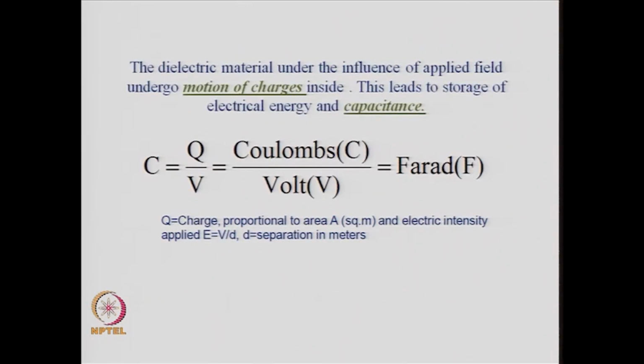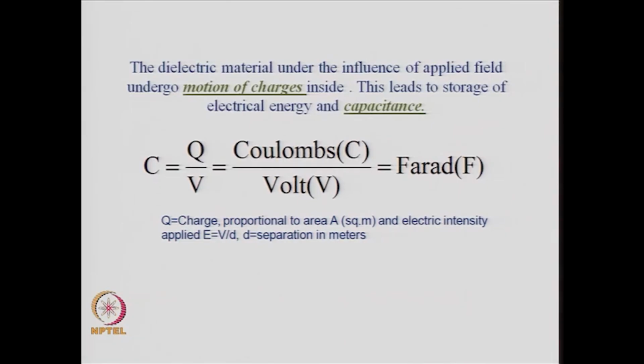Now, if you want to calculate the amount of polarization or the charges, certain numbers are involved. If you want to define a dielectric material, the property which people talk about is the capacitance, and this capacitance C is related to the charge which develops at one of the ends.